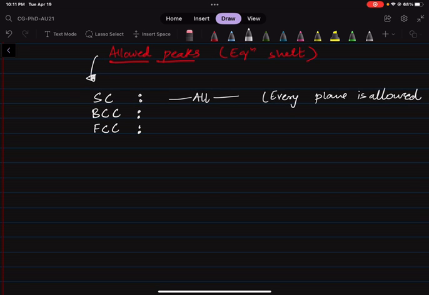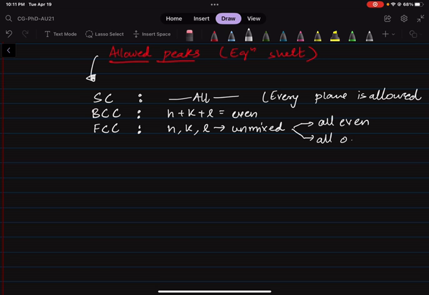And then similarly, for BCC, the rule becomes h plus k plus l equals even. For FCC, the rule becomes hkl are unmixed, which means all even or all odd.